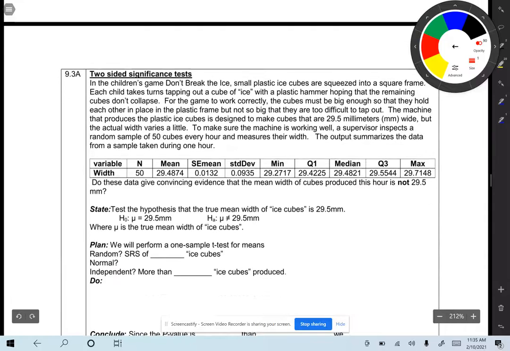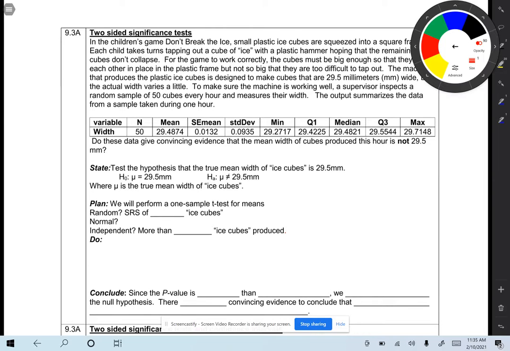All right. Let's do a two-sided significance test. We don't really do those often. In the children's game, Don't Break the Ice, small plastic ice cubes are squeezed into a square frame. Each child takes turns tapping out a cube of ice with a plastic hammer, hoping that the remaining cubes don't collapse.